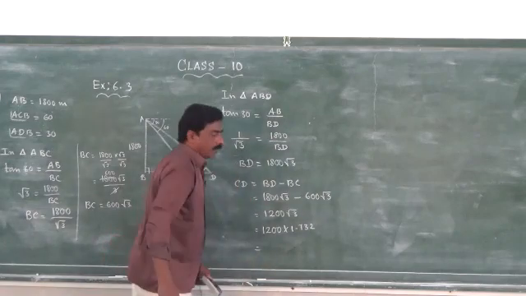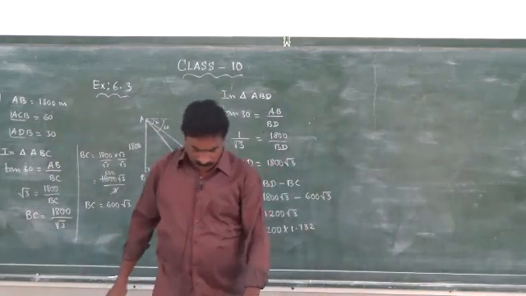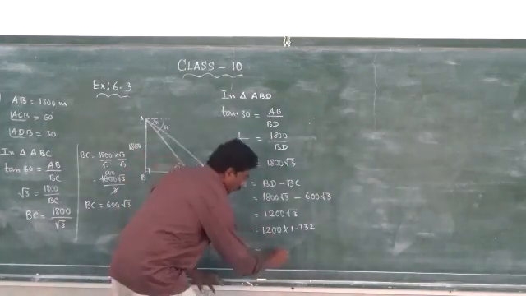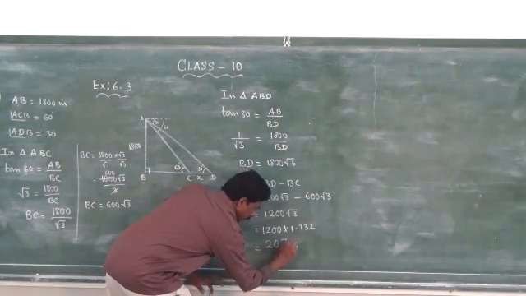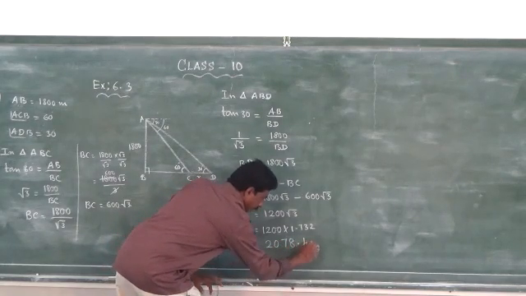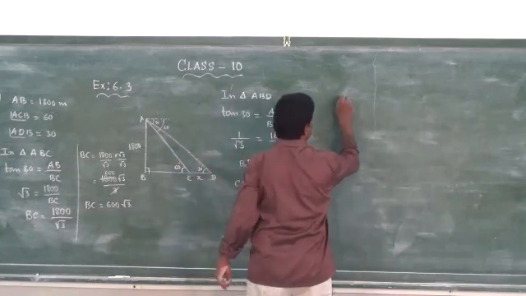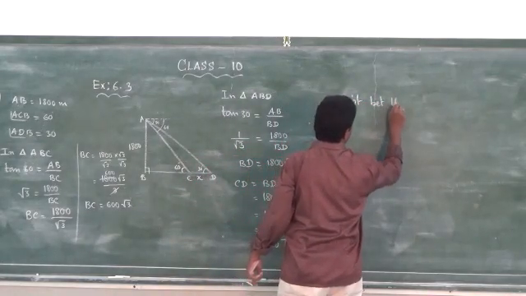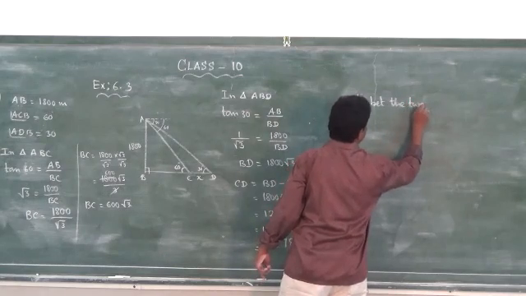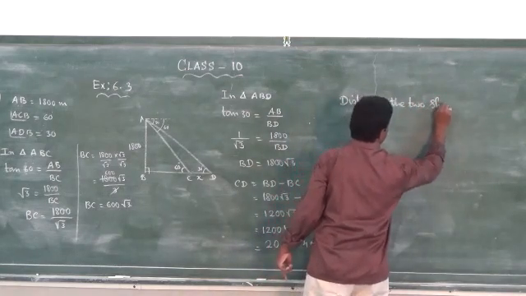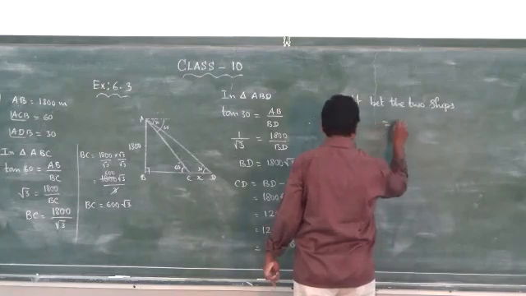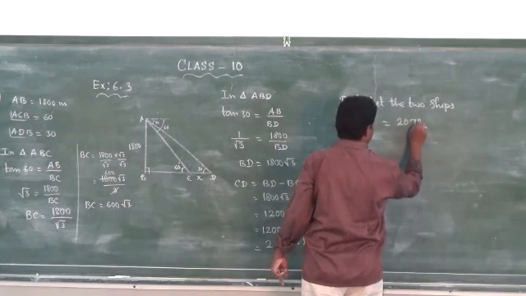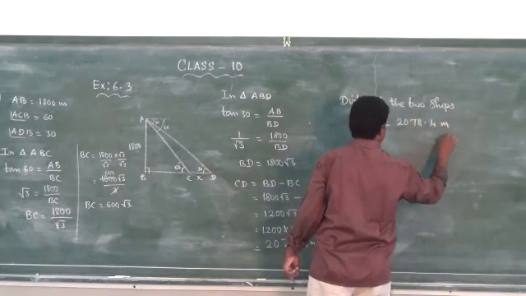So when you multiply, you will get 2078.4 meter. That is the distance between the two ships. Distance between the two ships is 2078.4 meter.